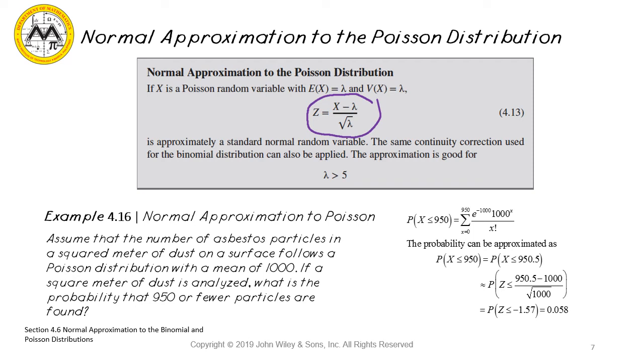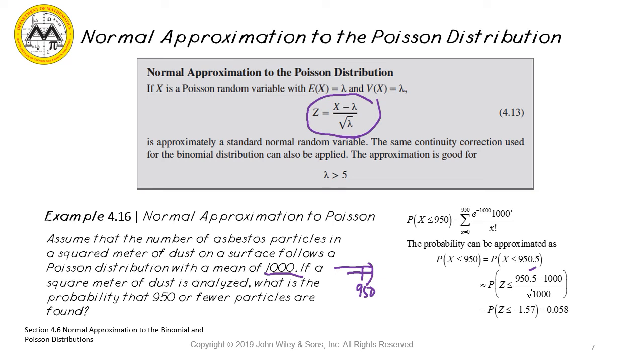So assume that the number of asbestos particles in a square meter of dust on a surface follows a Poisson distribution with mean 1000. If a square meter of dust is analyzed, what is the probability that 950 or fewer are found? So this is 950 and fewer, so it would be less than or equal to 950.5.